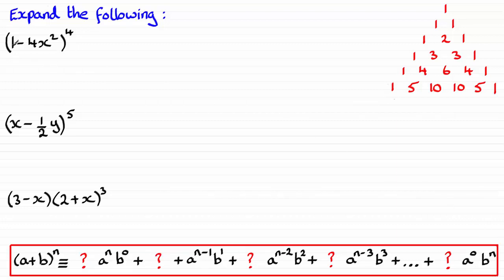And so for (1 - 4x^2)^4, using this result here, a is replaced with the 1, b is replaced with the minus 4x squared, and n is the power 4. And that means we're looking at this row here to get the coefficients of each of these terms.